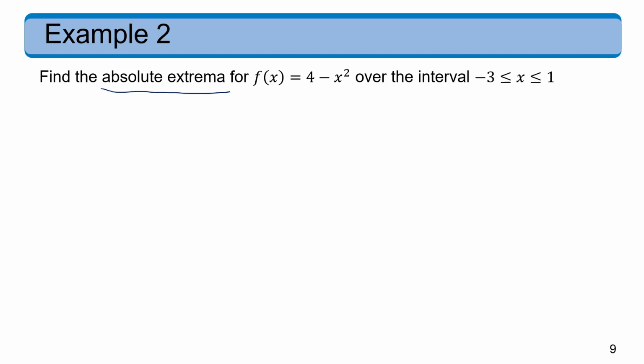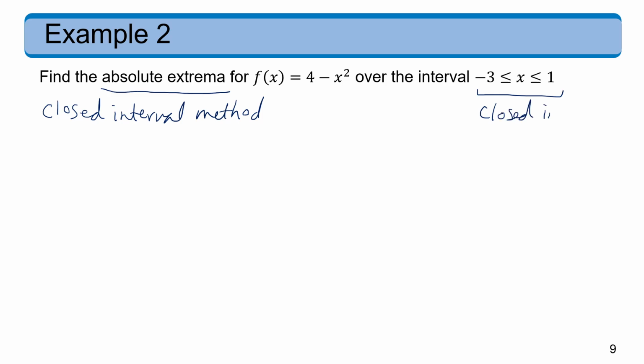So usually for finding absolute, we use the closed interval method. And you can only use the closed interval method if you're looking over a closed interval. And notice here, this is our closed interval. If you were asked to find absolute extrema with no interval given, then you can't use this closed interval method. You'd have to think about it in a different way.